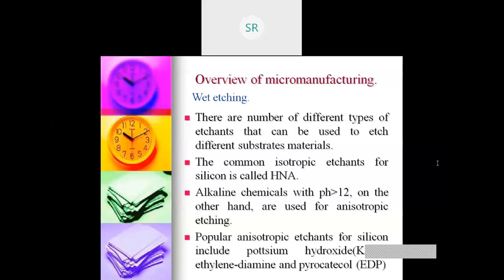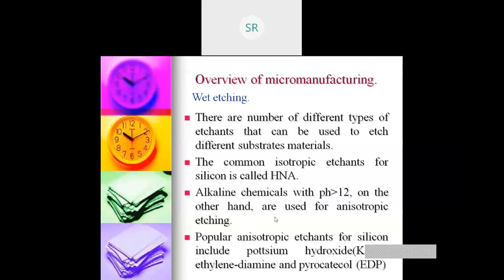If I come to the concept of wet etching, there are different types of etchant available. If I take an isotropic material, the common etchant is HNA, which we have seen in the last class. HNA is nothing but hydrofluoric nitric acid.